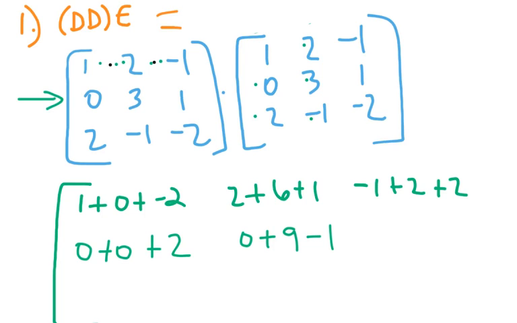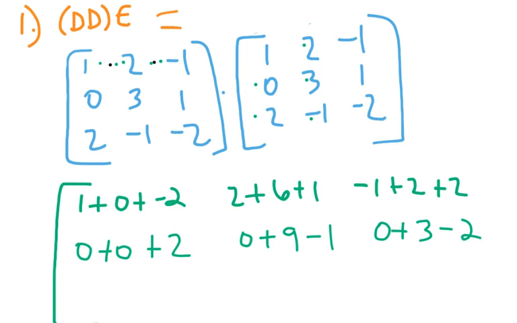Okay, second row still, moving on to our third column. 0 times negative 1 is 0. 3 times 1 is 3. And 1 times negative 2 is a minus 2.